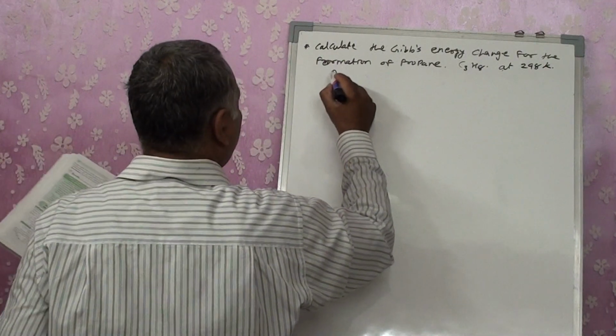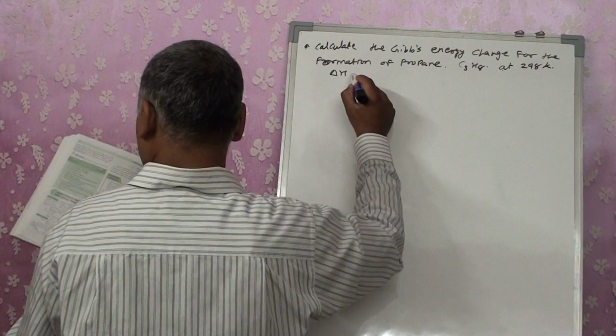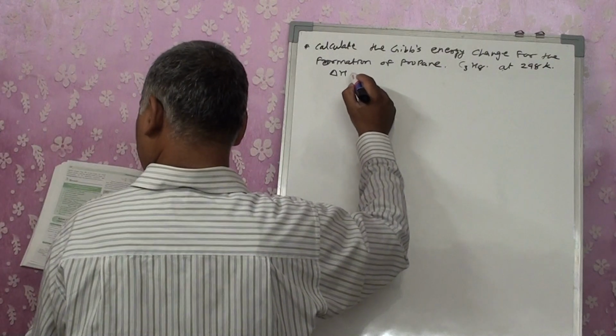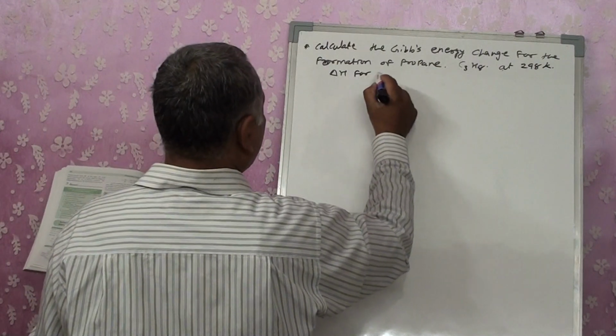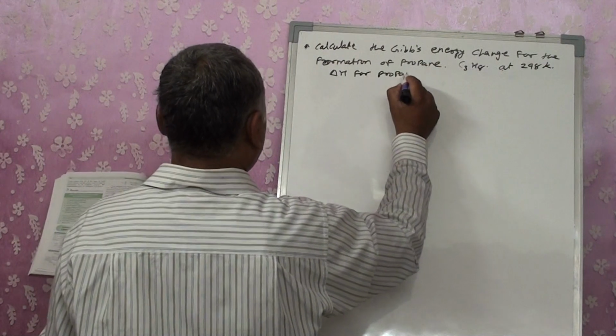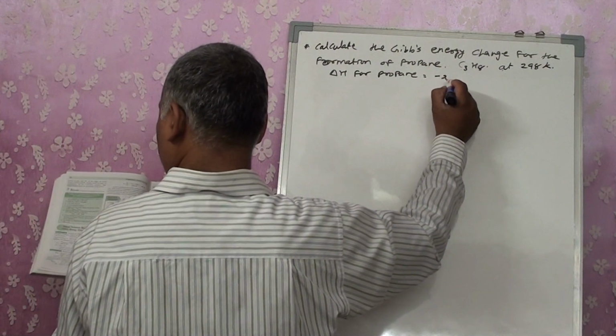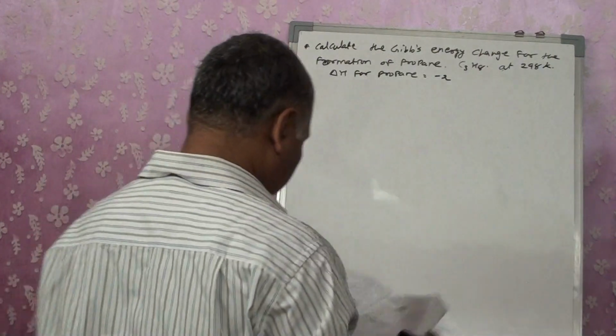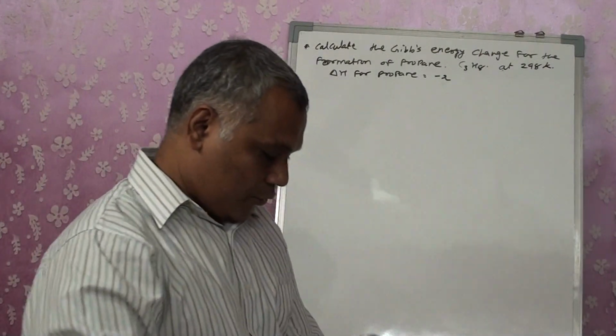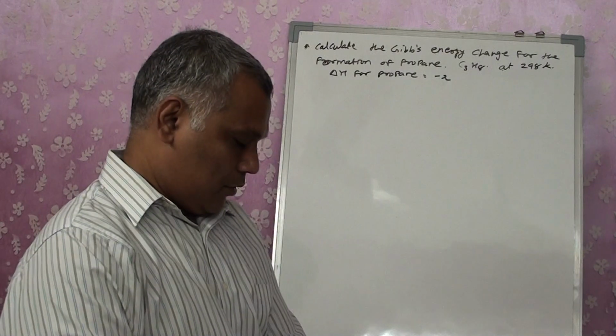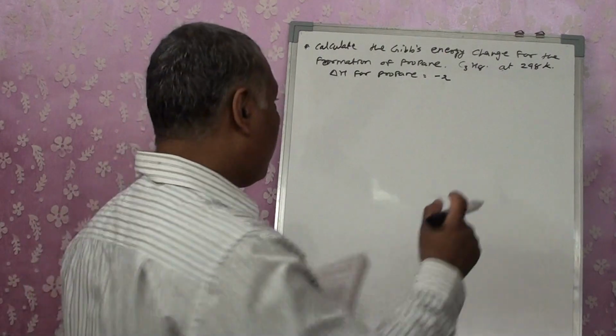The delta H for the propane is given to us as minus 103.85.